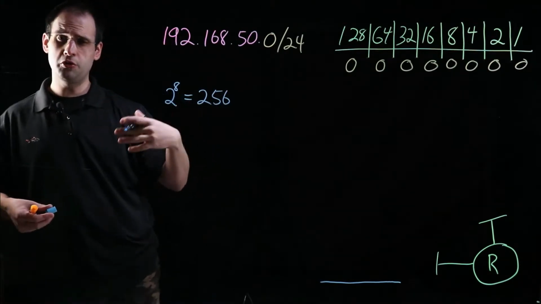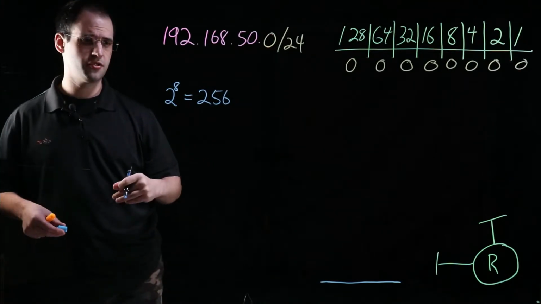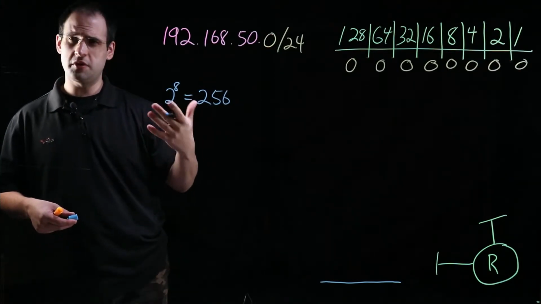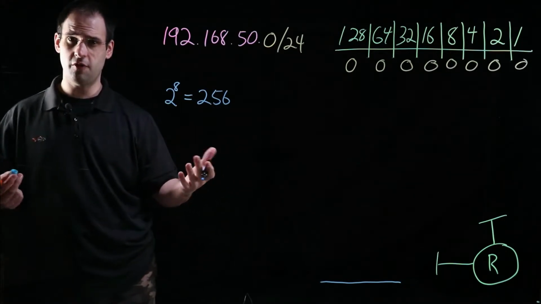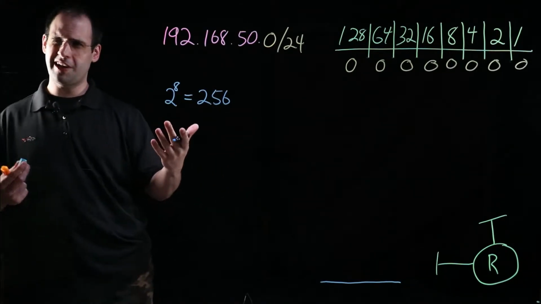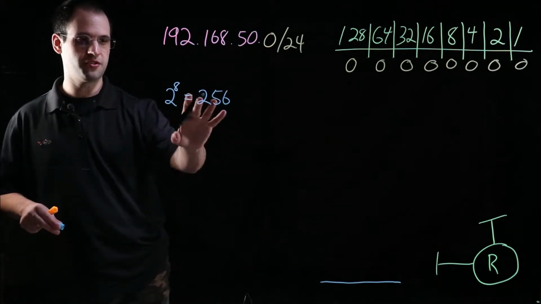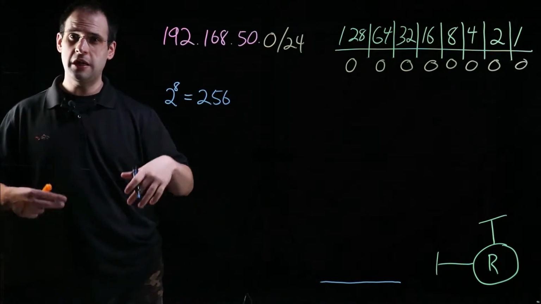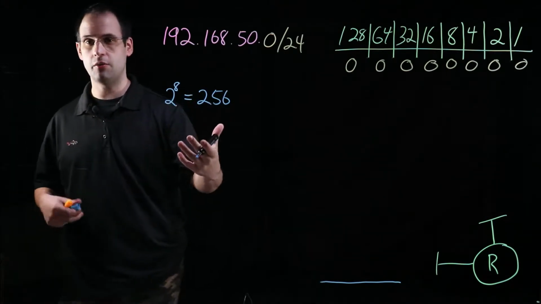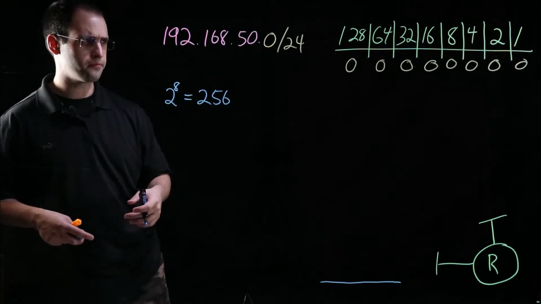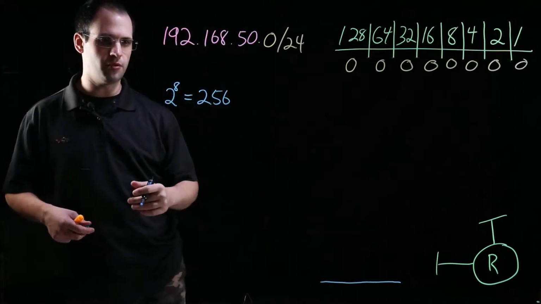Now remember, we lose the first and the last to the network address and the broadcast address, and while we don't always talk about it, on a system like this with a router, we need 1 as our default gateway, so we kind of lose 3. But just for formality's sake, we'll say we have 256 total, and when you set up the network, you would lose 2 right away to the network and to the broadcast. Okay. So we have 2 to the 8th host bits available.